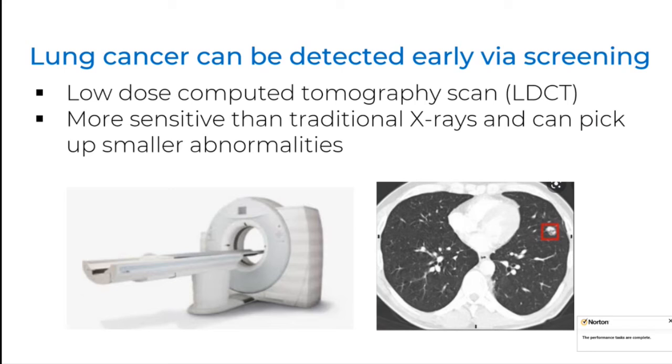And when you say low dose, they emit less radiation than your traditional CT scan. So it's far smarter, if you will, in picking up lesions earlier on, and that can jumpstart the process of diagnosis if a suspicious lesion is found.